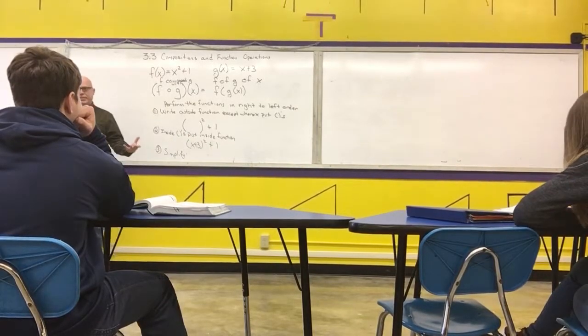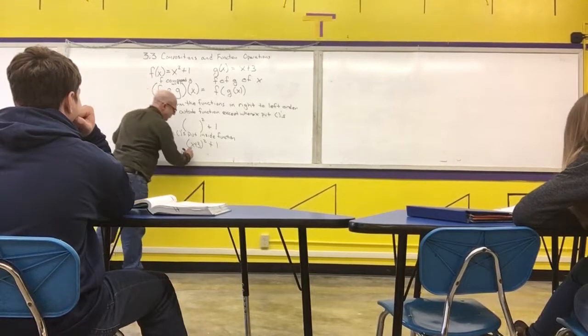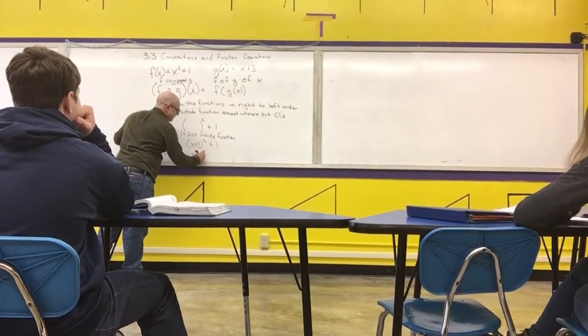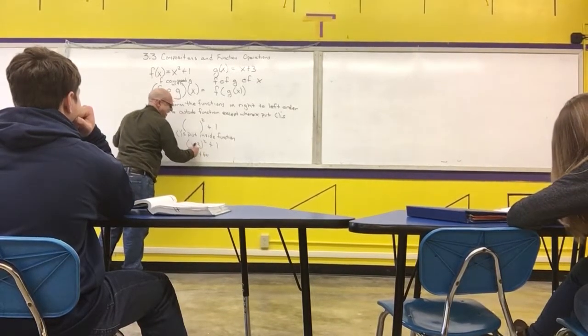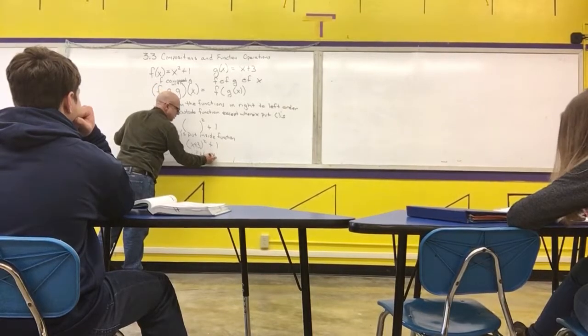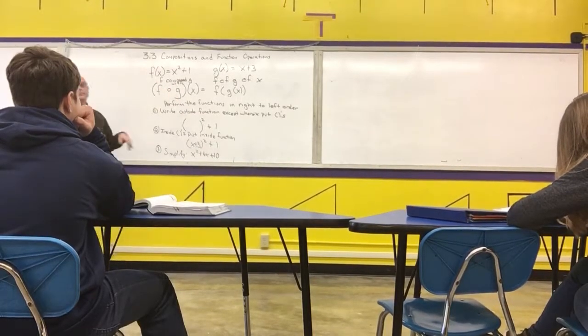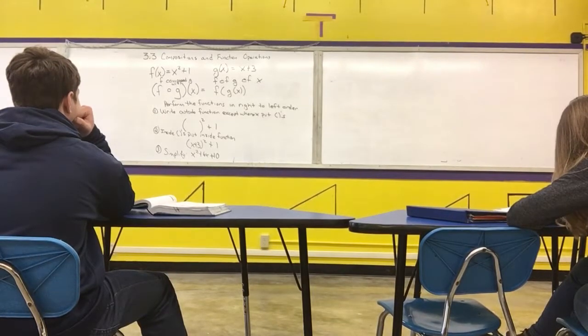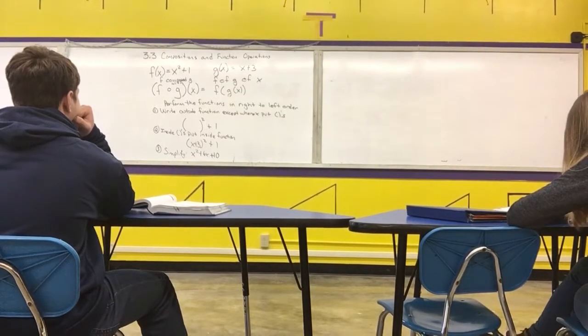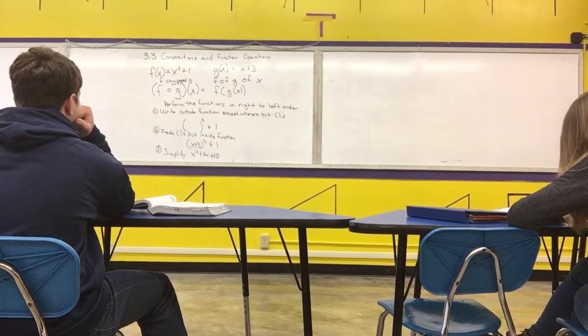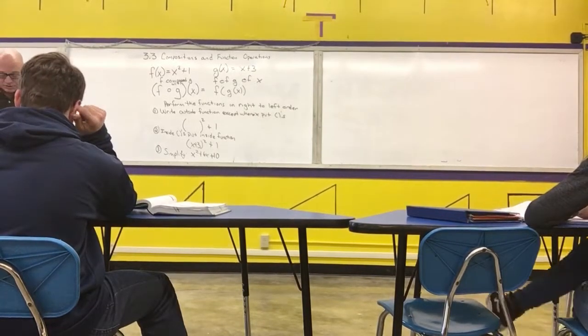Okay, it's really easy to see that one. If I were to simplify this, this would be x squared plus 6x plus 9 plus 1, which is 10. Any questions at all on that first composition of functions?